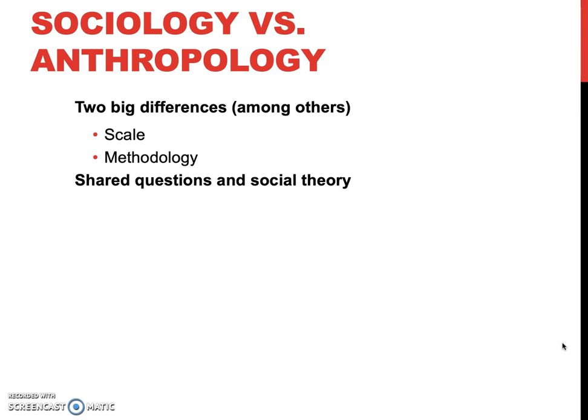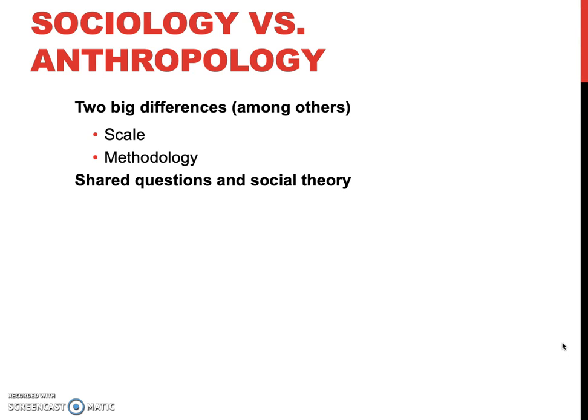So you might use census data or other kinds of statistical data instead of ethnography and participant observation. The methods of sociologists tend to be more quantitative, looking at statistics, census records, and large data sets, so that they can say something more broadly about the social structure of this large-scale industrial society.